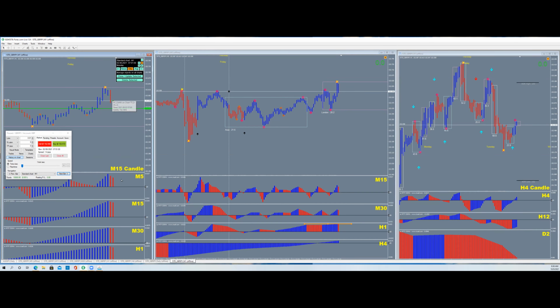Everything has changed color, even the 1 hour changed color here. So it definitely needs to be out of that market. 7 pips made, as much as 11 pips. Now the momentum is even shifting in the 1 hour, 15 and 30.